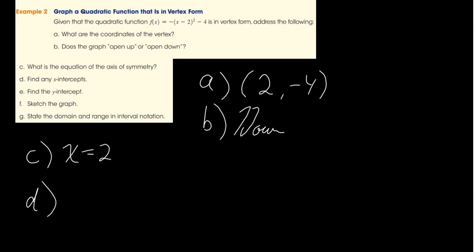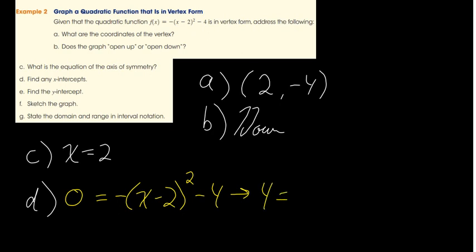So I can say 0 is equal to negative (x minus 2) quantity squared minus 4. And if I solve for this, looks like I'll have a 4 is equal to a negative (x minus 2) quantity squared.